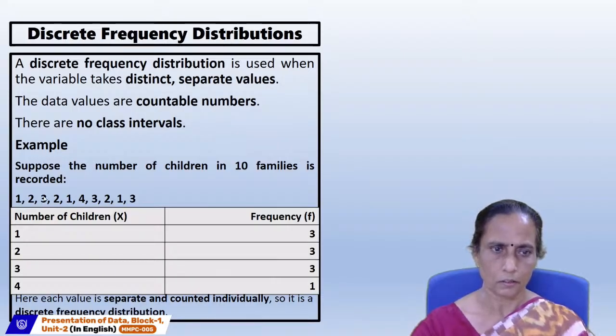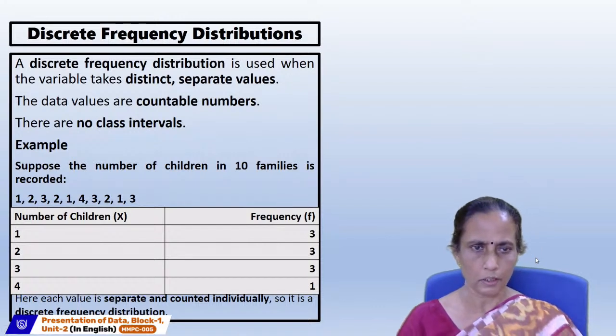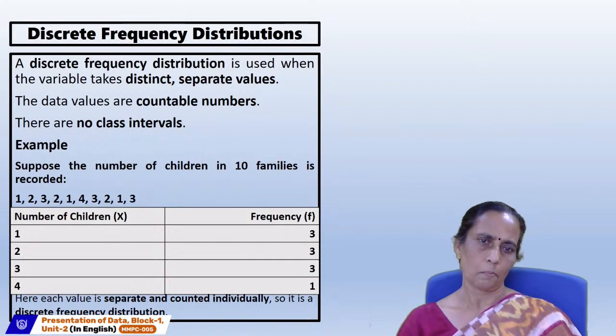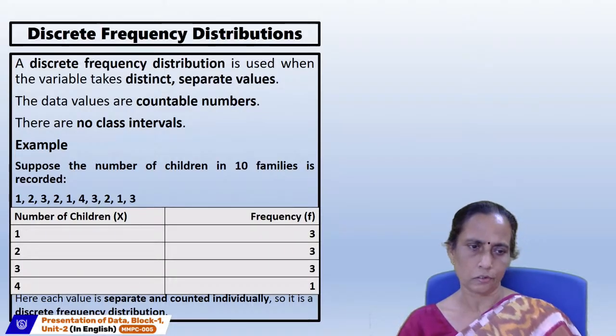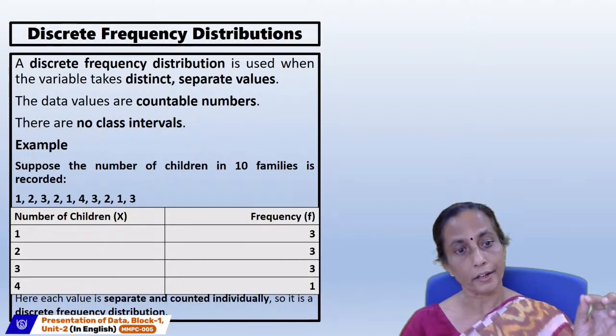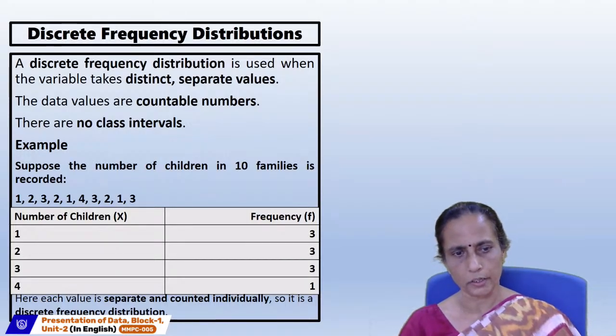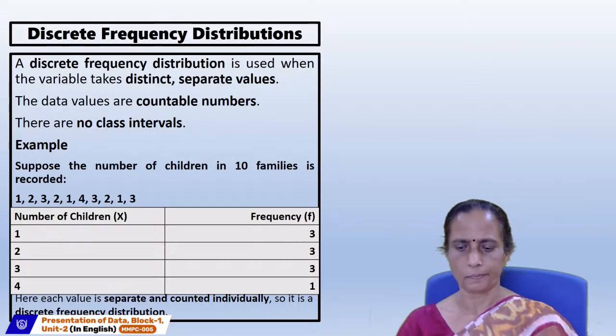For 3 children, again 3. And 4 is only 1. So this is my frequency table, the number of children in 10 families. Here each value is separate and counted individually. So it is a discrete frequency distribution.